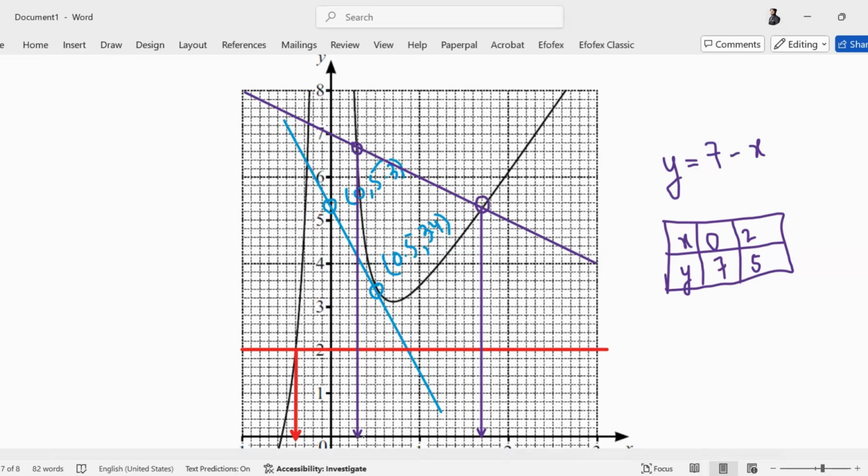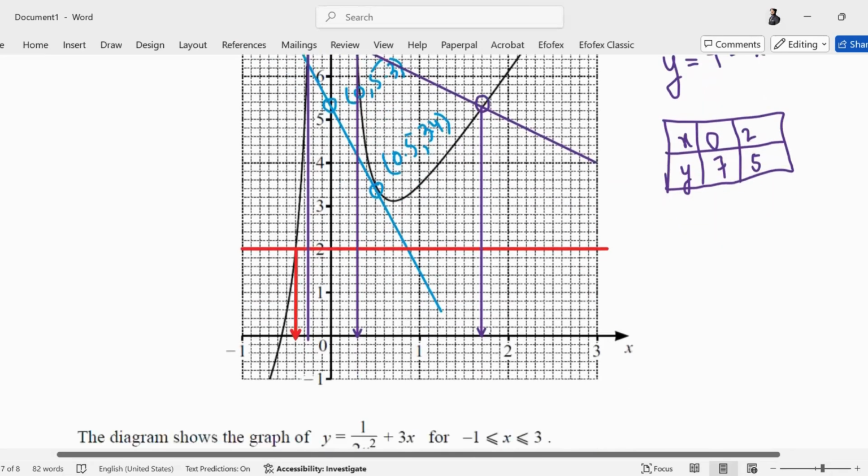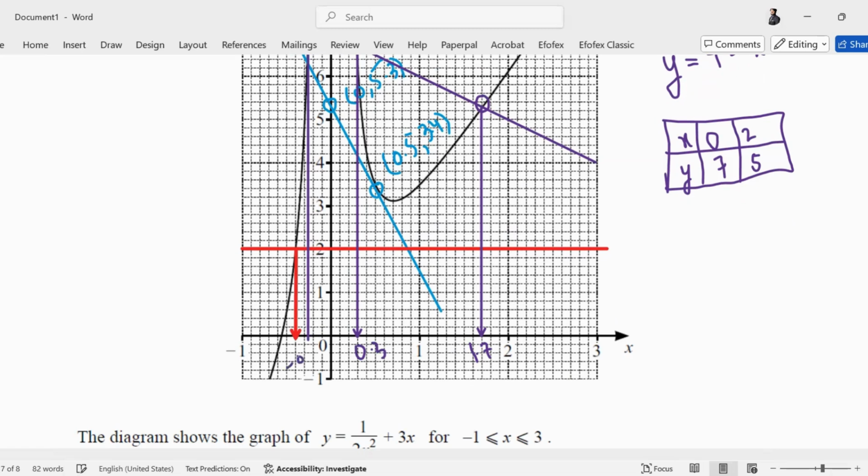X coordinate is this, and it is also cutting the graph over here, for which the x coordinate is this. So the three values of x that I am getting are minus 0.25, 3, and 1.7.